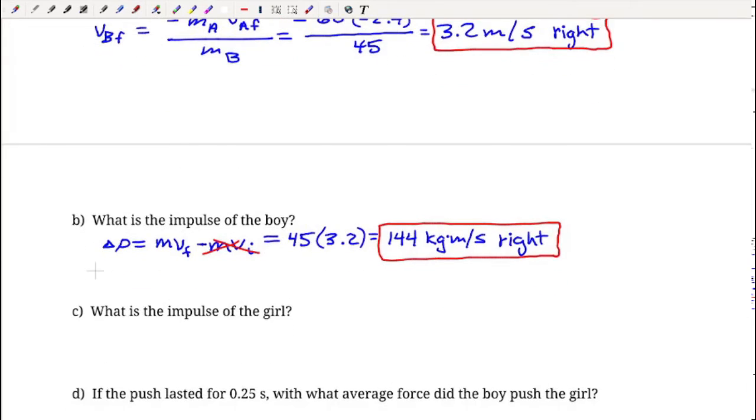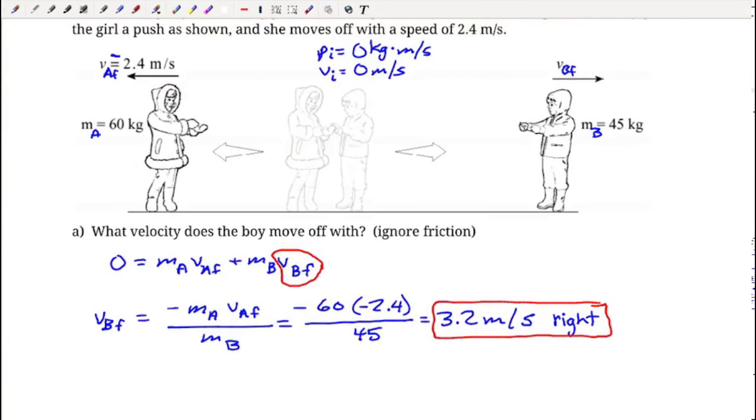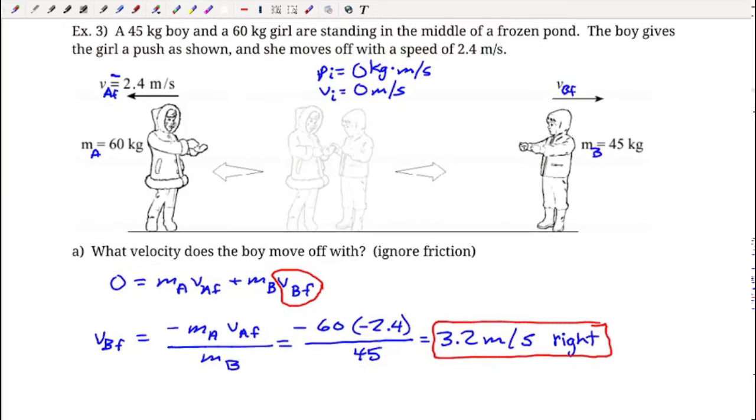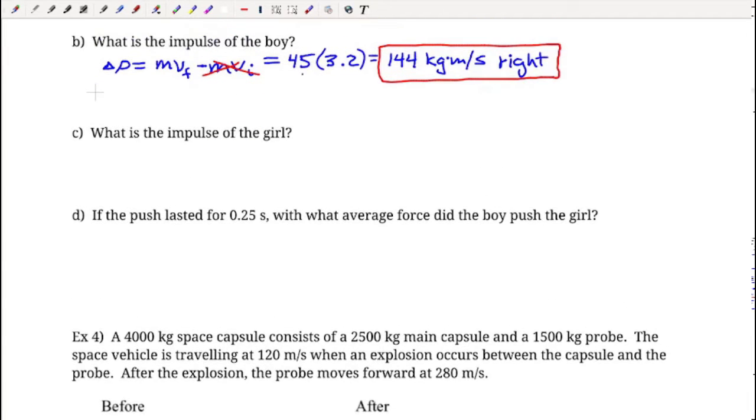Next part of the question asks, what is the impulse of the girl? Well, we know that the impulse on the boy has to be equal and opposite to the impulse on the girl. That's based on Newton's third law of equal and opposite forces, and also based on conservation of momentum. If the boy's momentum increases to the right, the girl's momentum has to increase to the left, or decrease to the right. In this case, it is increased to the left.